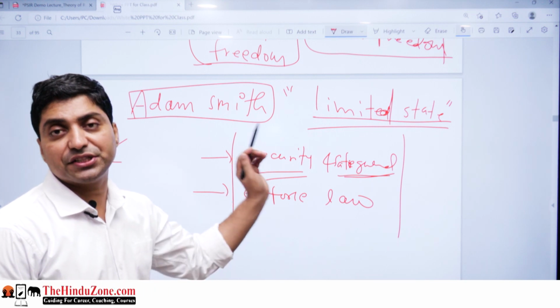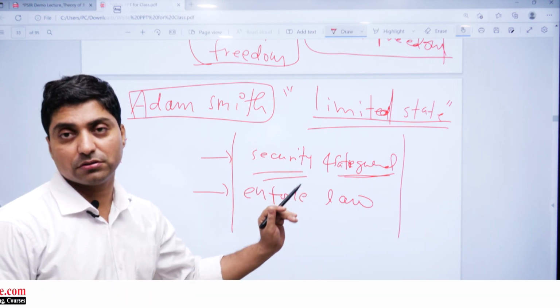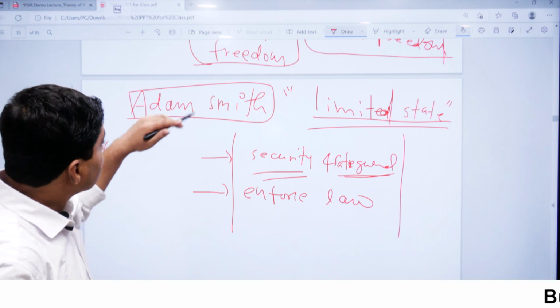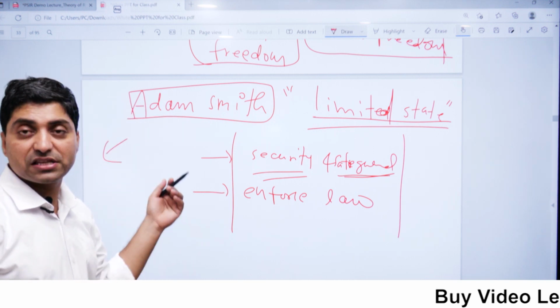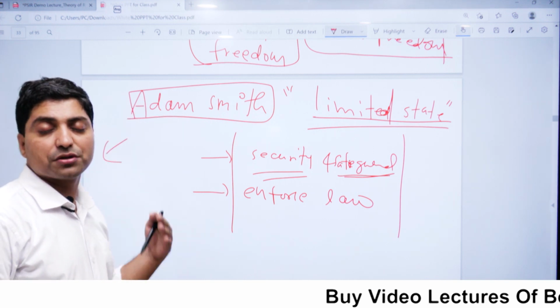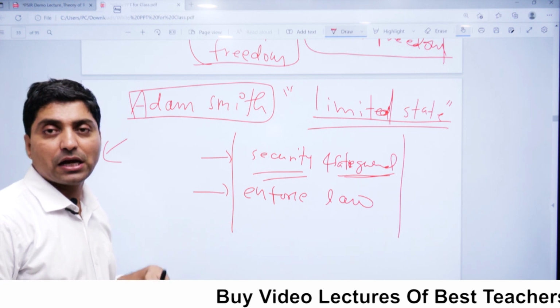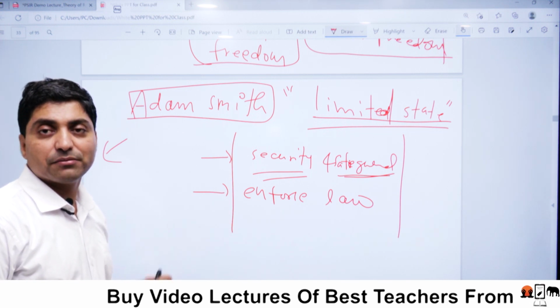A state should not intervene in the rights of the individual. And these are the liberal theory of rights. Who has given this theory? John Locke, Jeremy Bentham, J.S. Mill, Adam Smith, and many more.